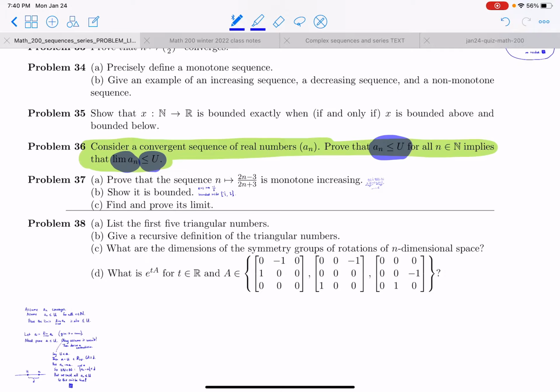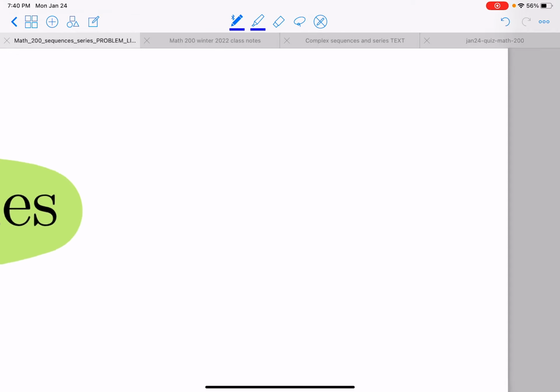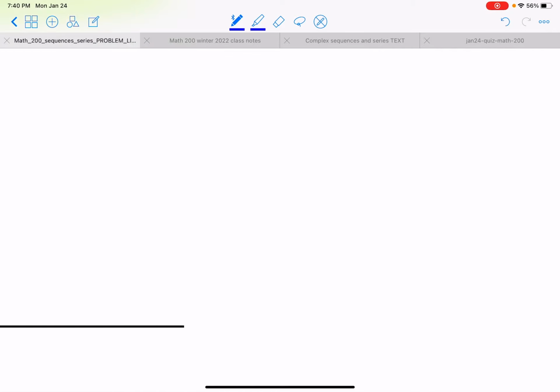Okay. First step, see if I can even remember what the problem is asking me to do without looking. That's your first step when you're quizzing yourself. Okay, what was the problem asking me?